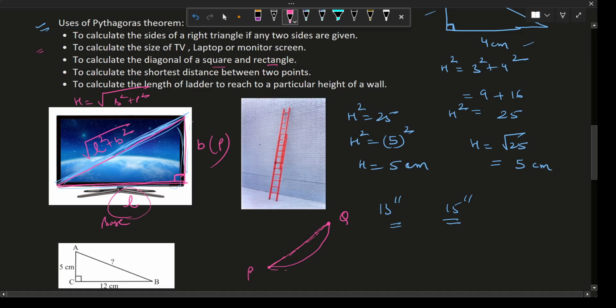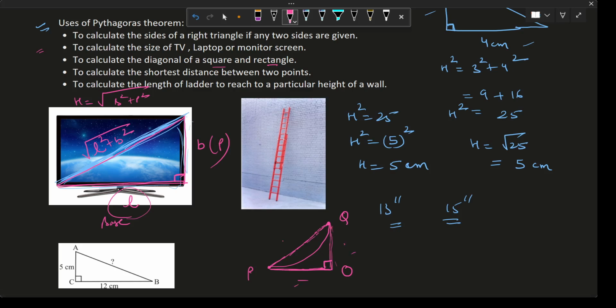You make a right angle triangle, you join a straight line from P, and from Q a perpendicular, let's say O. Now you calculate PO, calculate OQ, they become perpendicular and base, and then you calculate PQ, which is the hypotenuse. So to calculate the shortest distance between 2 points, we also use the Pythagoras theorem.